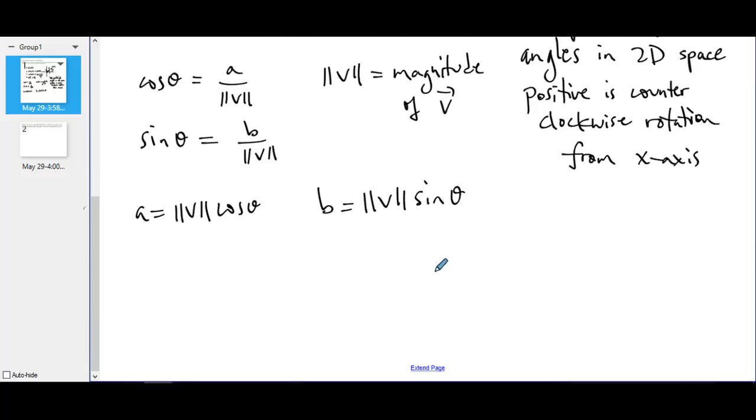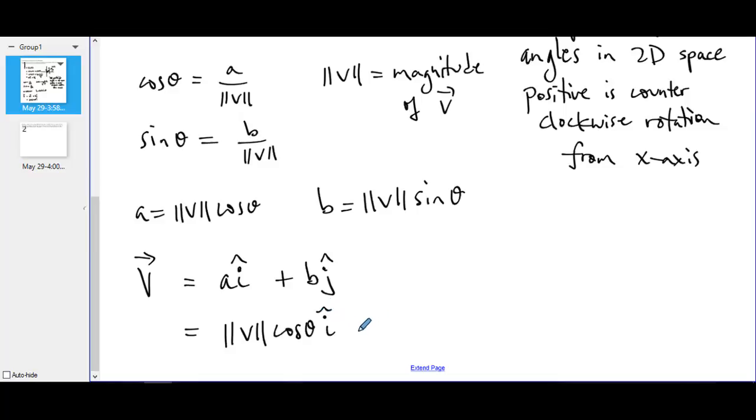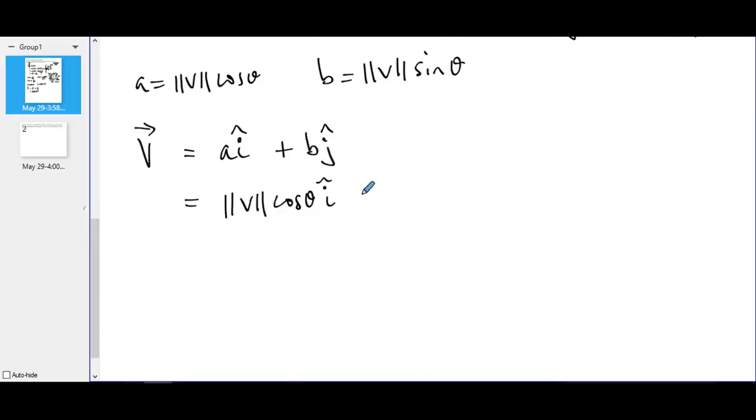And so with that, I could say if V is A times unit vector I and B times unit vector J, then it's also magnitude of V cos theta times the unit vector I, which has nothing to do with the complex number or imaginary number I. This is just another use of the letter I. Plus, now B is magnitude of V sine theta, and we have this unit vector J, and it's common enough to write the magnitude out front separately.